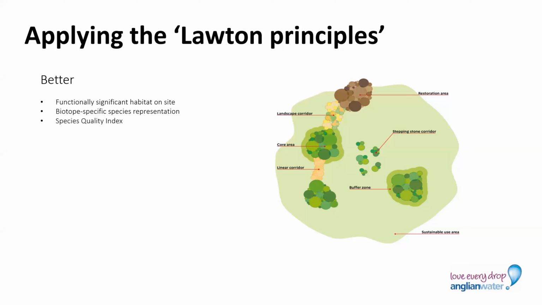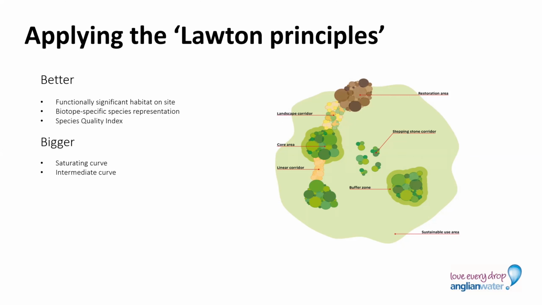And those species which demonstrate a high quality of habitat found on our sites. For size, they scored our sites against what's called a saturating curve, where even small sites are really valuable for biodiversity, and the bigger they get, the value decreases or flattens off.